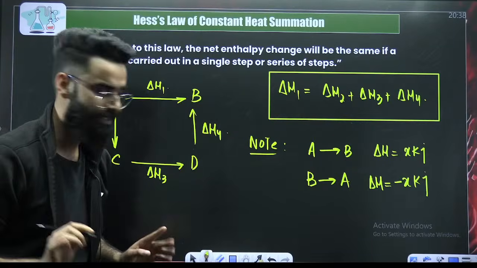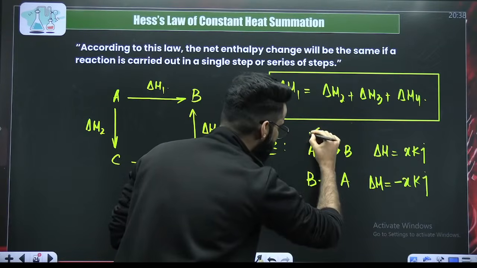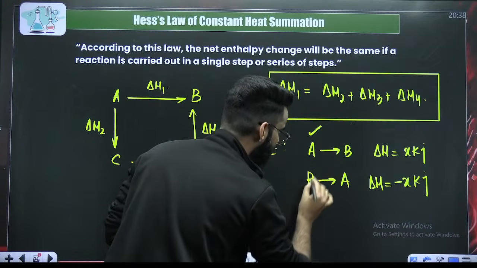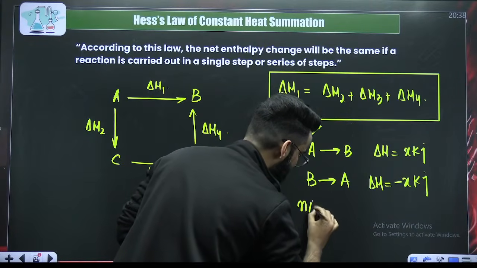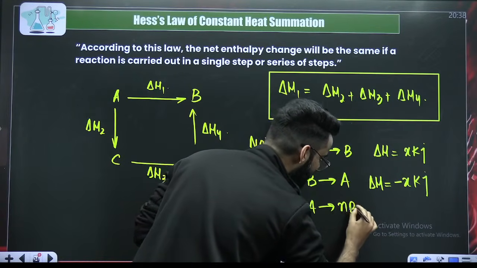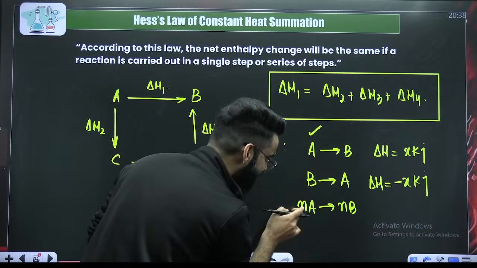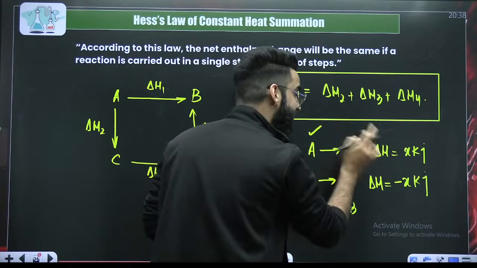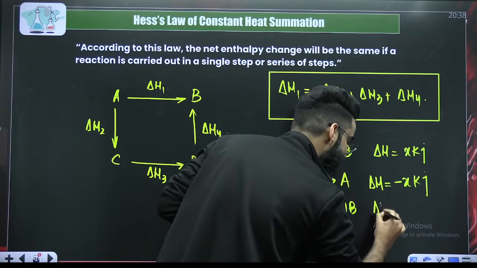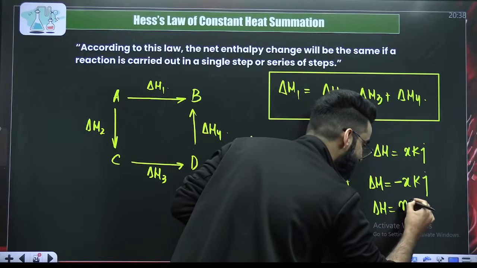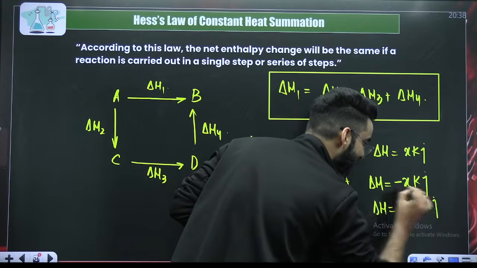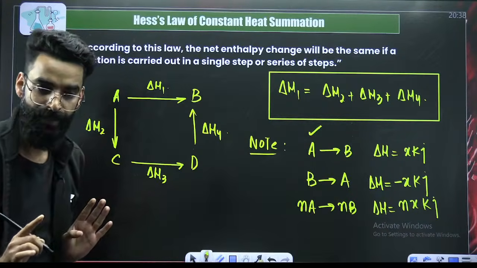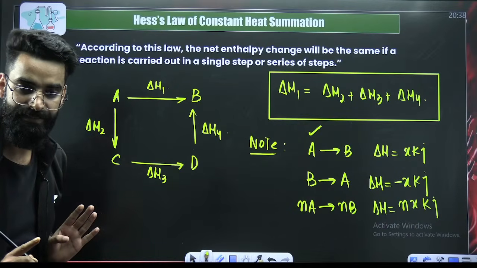For example, I'm multiplying this reaction by some number N. Na gives Nb. This N has to be multiplied with its delta H value as well. So delta H for this reaction will be N times X.